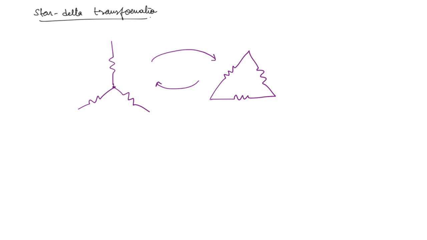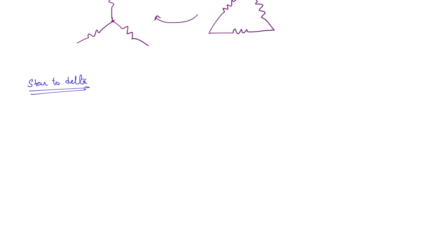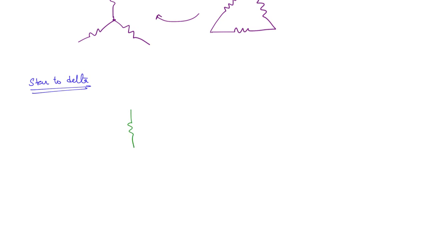So now we will start with the star to delta. That means star is given, how to find the delta values. So we will take the star connection like this, R1, R2 and R3.